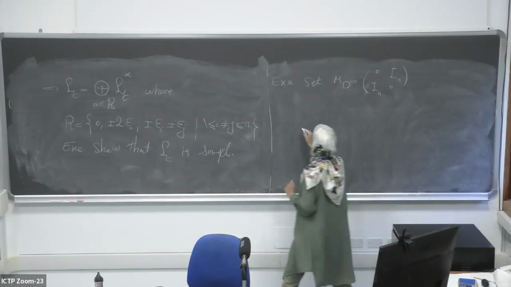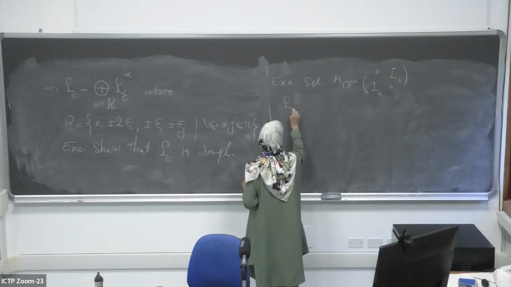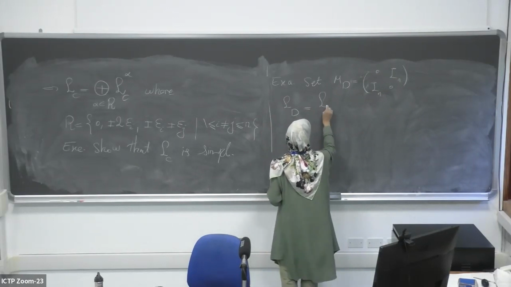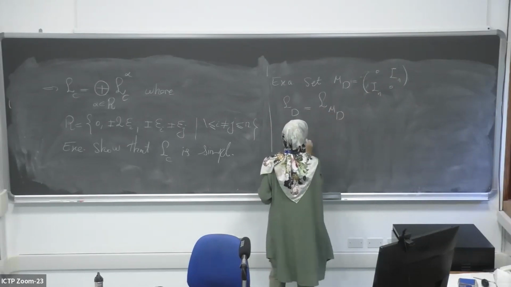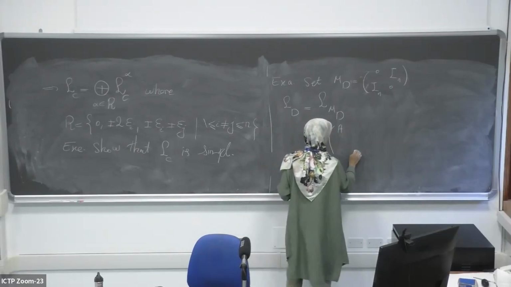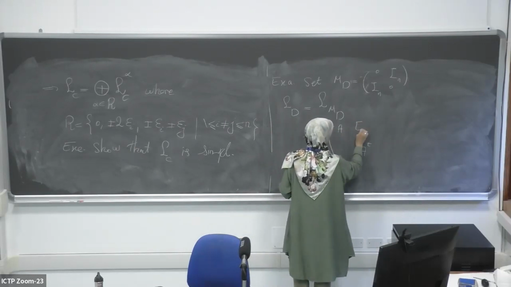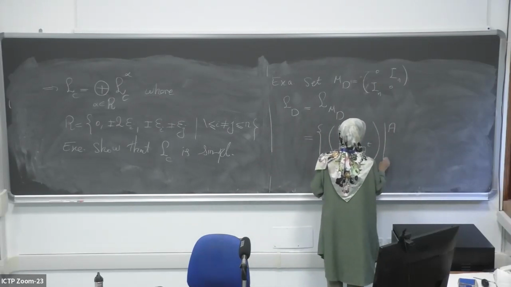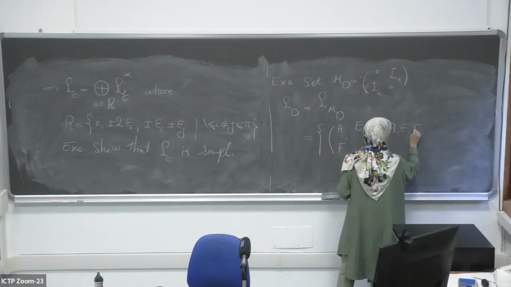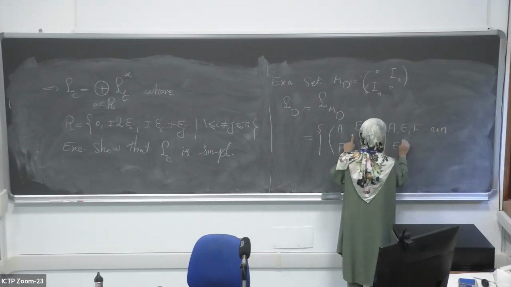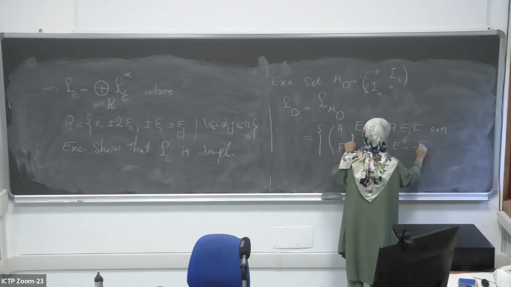And L_D is L_{M_D}. You can show that it is all elements like this, in F, where A, E, and F are n times n, E transpose equals minus E, F transpose equals minus F.